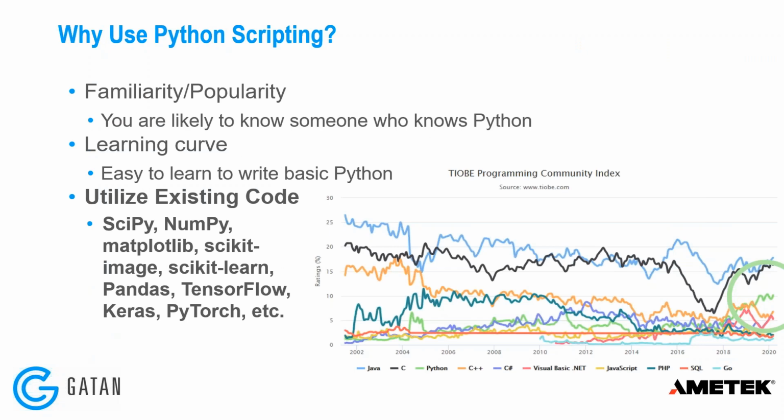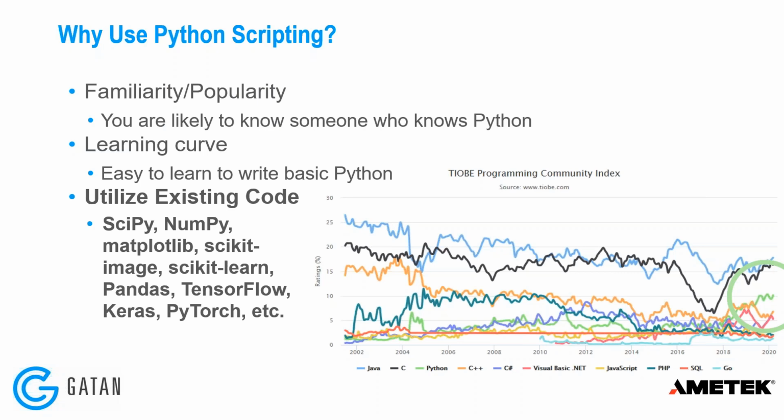So why use Python scripting, and why add Python scripting when we already have a scripting language in GMS? I think there are three reasons that come to my mind first, and the first of those is familiarity and popularity.